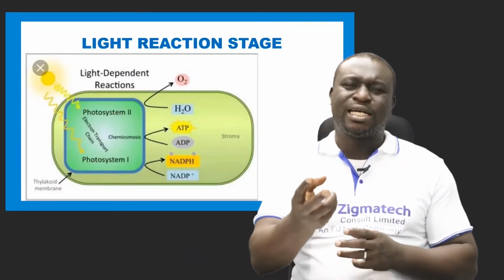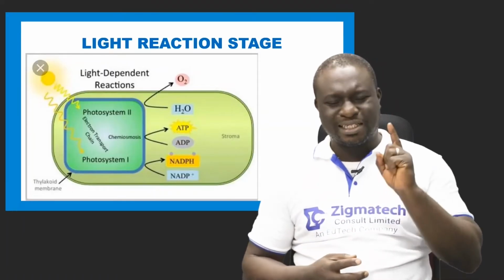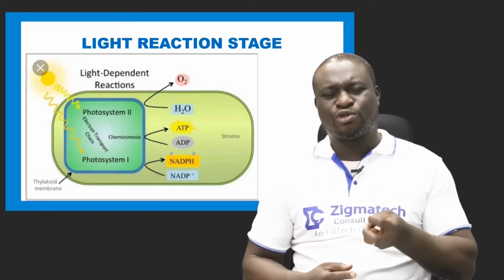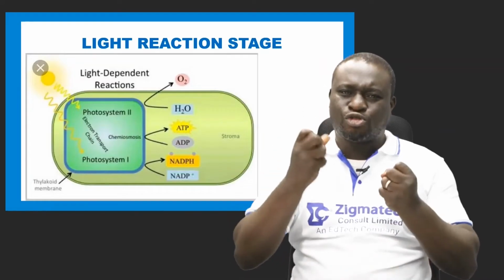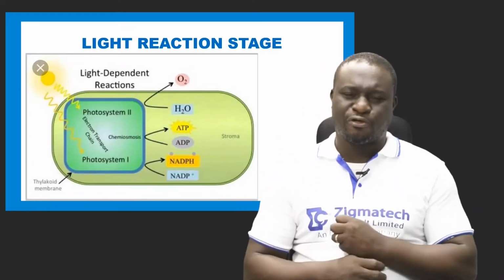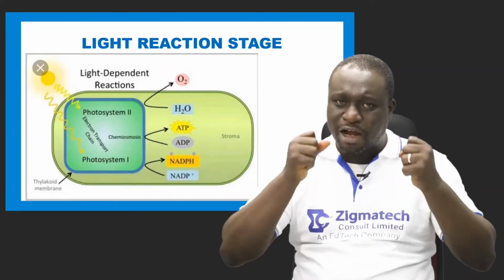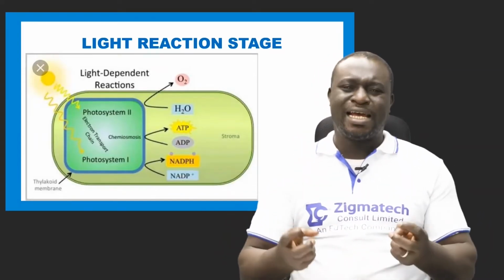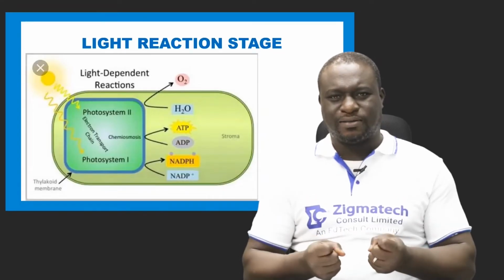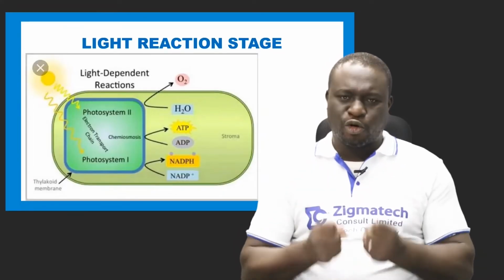Now, the energy that comes from the sunlight is being trapped by this chlorophyll. Remember, we said that green plants possess chlorophyll. So this energy is being collected or trapped by chlorophyll.